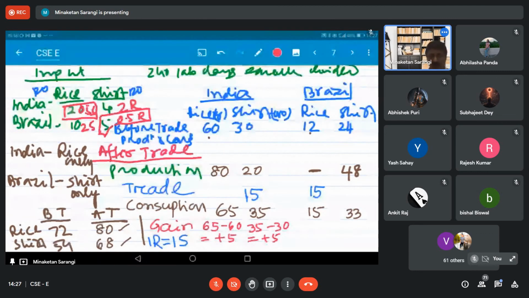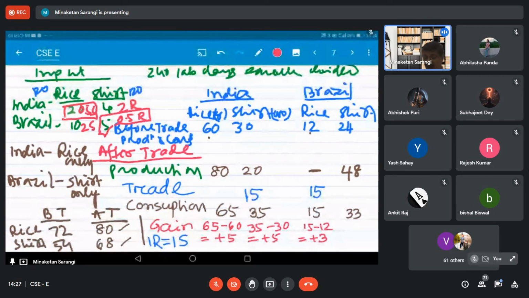What is the gain to Brazil? Brazil is consuming before 12 kg of rice, right now consuming 15 kg of rice. So this will be 15 minus 12, that is equal to plus 3 kg. What is the additional consumption in terms of SAT? Before consuming 24, after consuming 33.